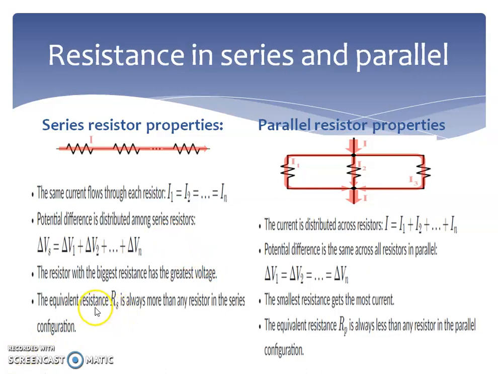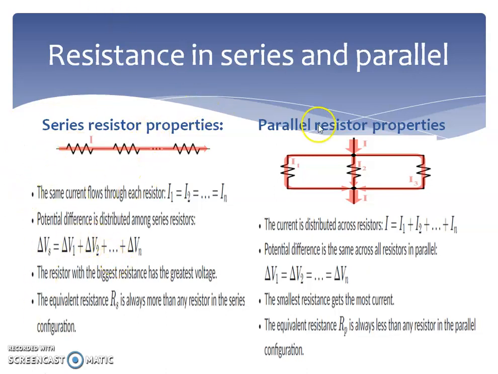Now, the equivalent resistance Rs is always more than any resistor in the series configuration because the equivalent resistance is the summation of all the resistances, that is R1 plus R2 till Rn. So these are the properties of resistances connected in series.